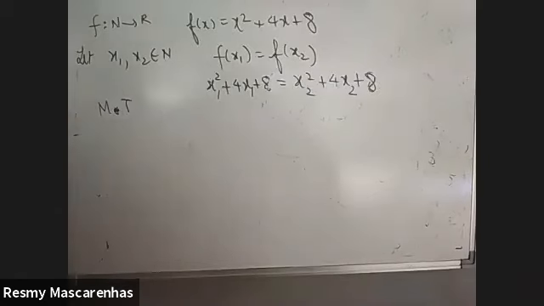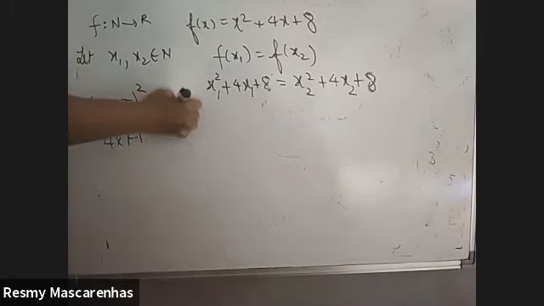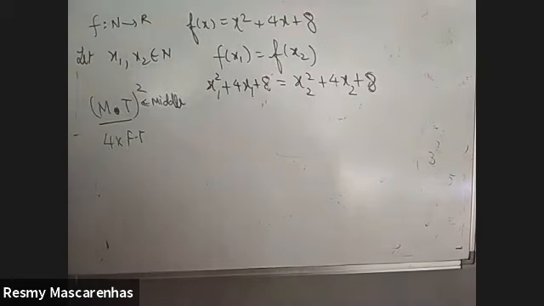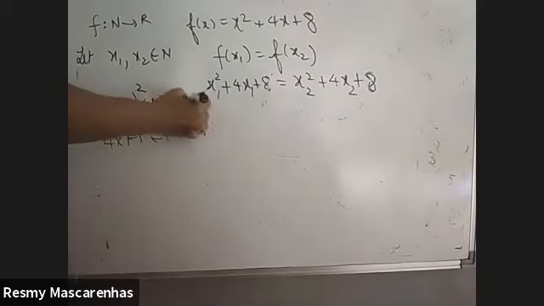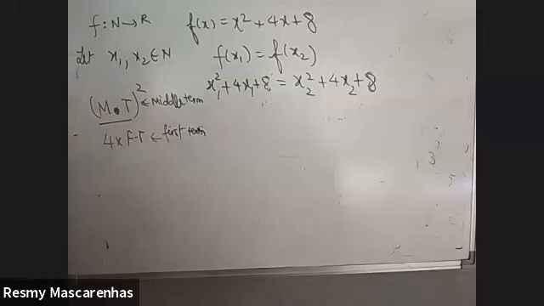Even later on we will be using this, in integration also. The formula is middle term coefficient square upon 4 times first term. This is to find a balancing number.